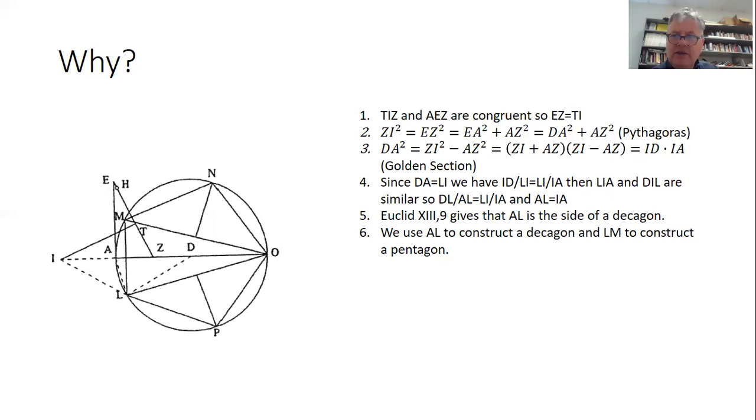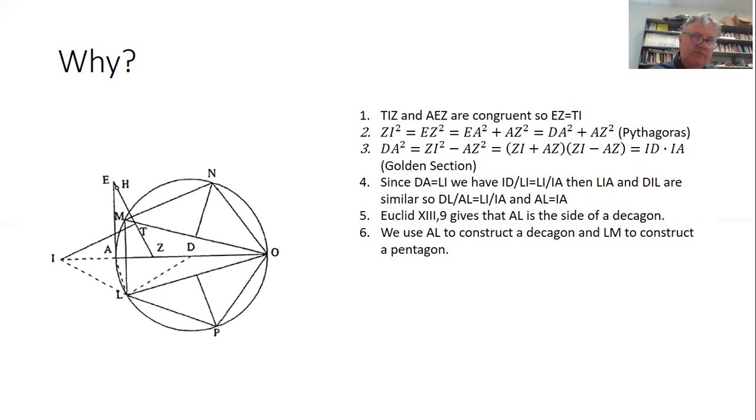And then we can see that AI is actually equal to AL because we've got a bunch of similar triangles that we can then just do the geometry there to prove that. Okay, so AL is the side of a decagon. So that means that arc AL is 1/10 of a circle.